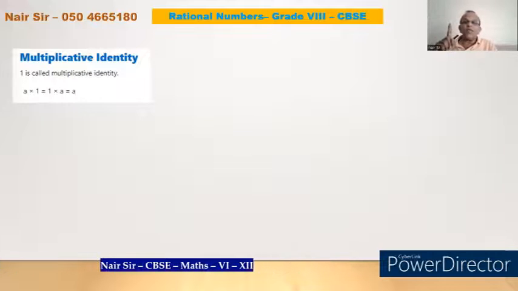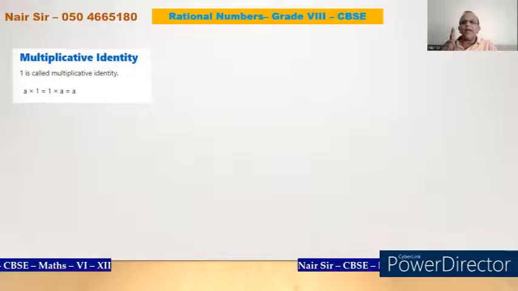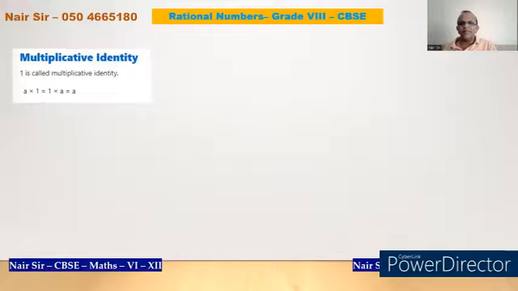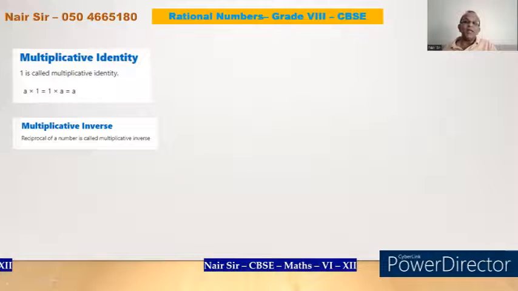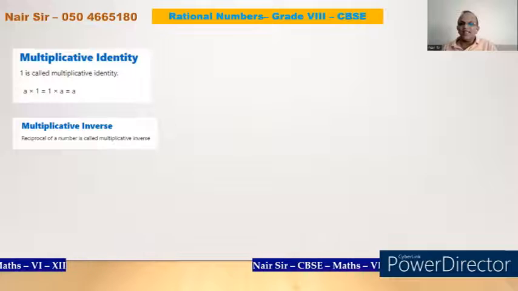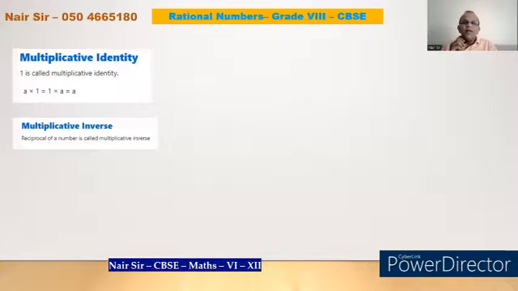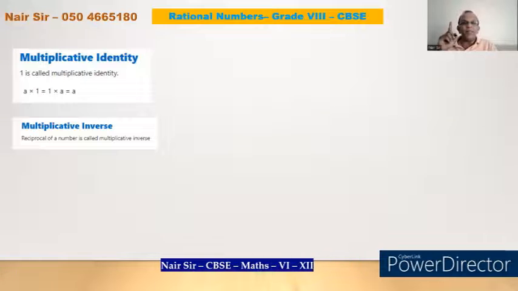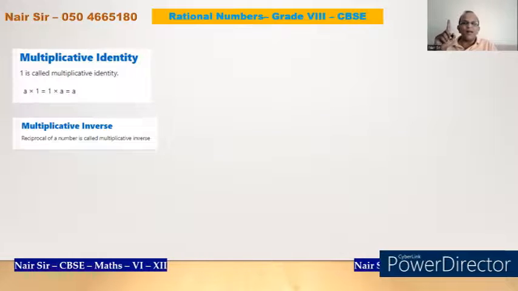So 1 is called the multiplicative identity. What is multiplicative inverse? What number will I multiply so that I will get 1? 1 is the multiplicative identity. I need to get 1.